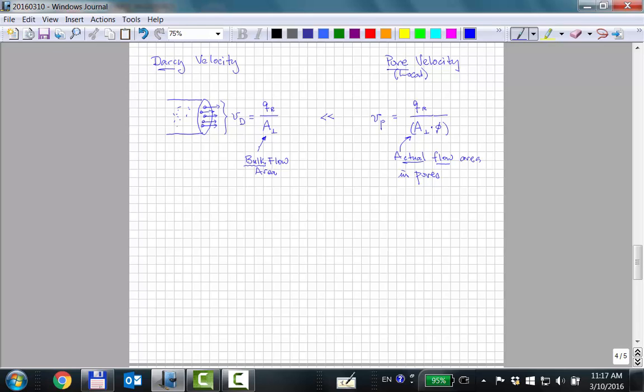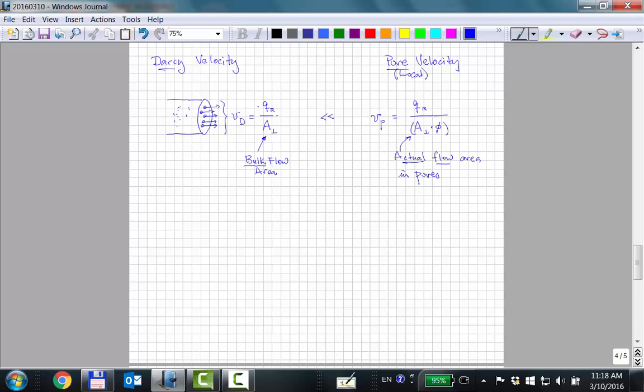The Darcy velocity is the volumetric rate, which I'm writing QR, or QOR, the local volumetric rate in the reservoir, in the rock, divided by the total bulk cross-sectional area to flow.